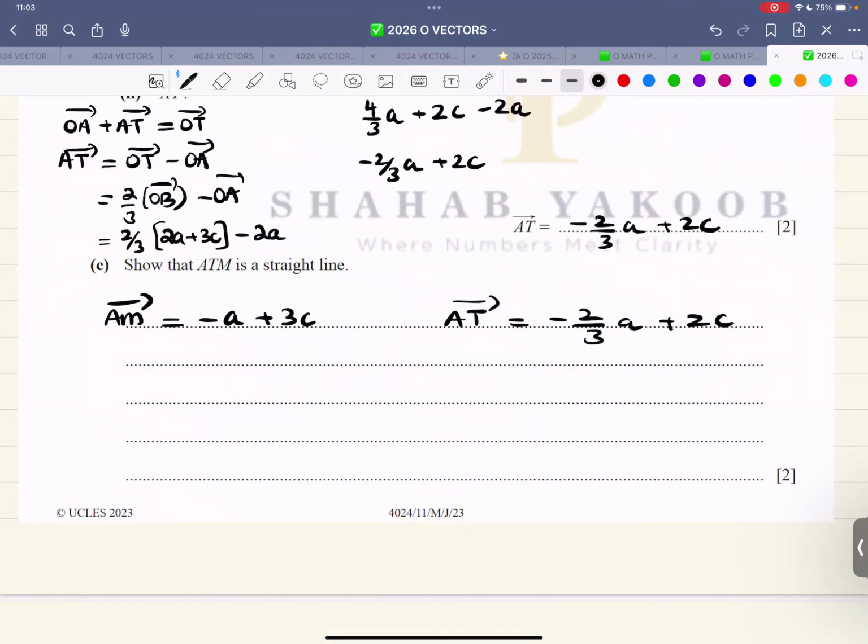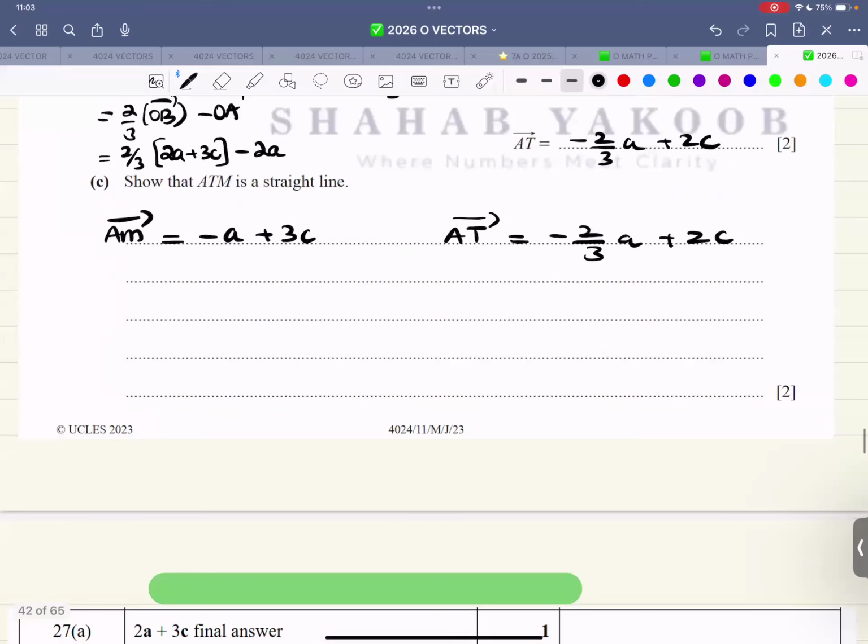Now, can I write with the LCM that is minus 2A, and this is 6C divided by 3. And if I take common 2/3, so therefore this is minus A, and this is 3C.